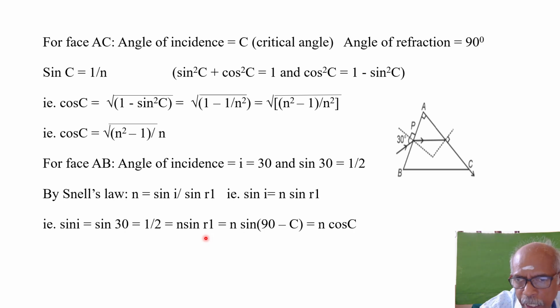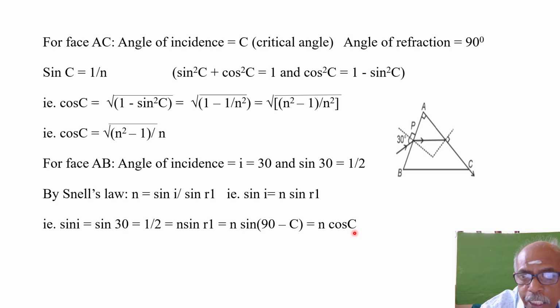Instead of r1 put 90 minus C, because r1 is equal to 90 minus C, that we have seen in slide 2, is it not? So sin of 90 minus C, what is it? Sin 90 minus theta is equal to cos theta. So n cos theta, that is n cos C in this case.